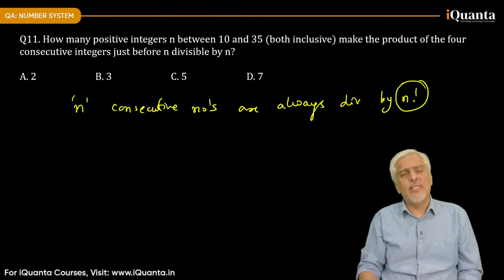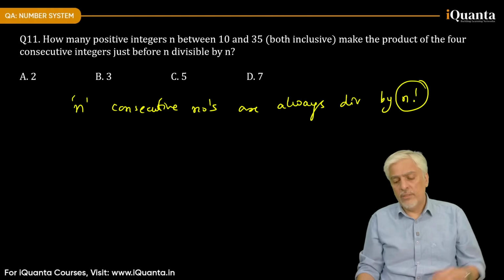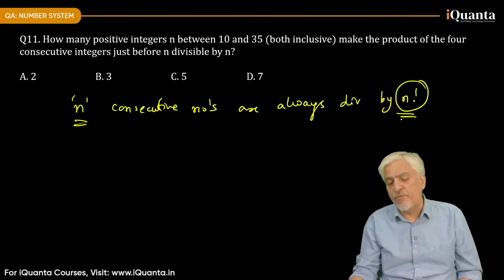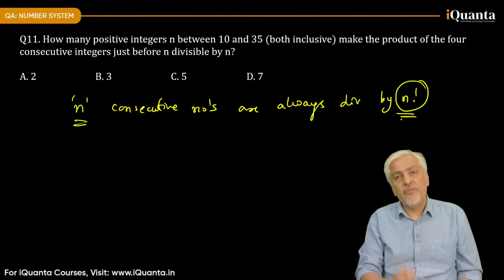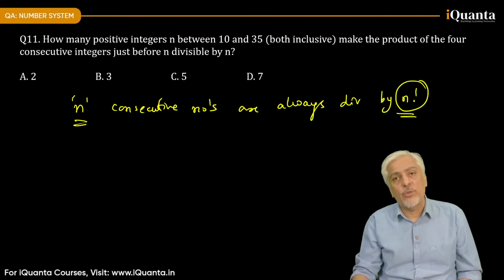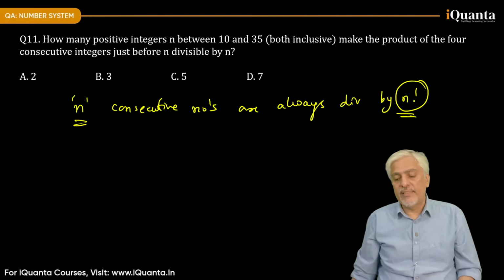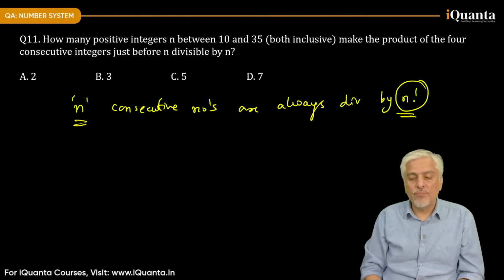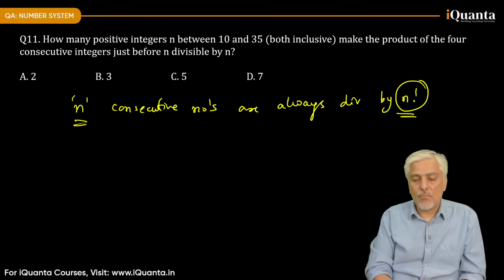A very good, simple rule. The topic is closed. 4 consecutive numbers are divisible by 4 factorial, 24. 5 consecutive numbers are divisible by 5 factorial, 120. Always. This will completely solve your problem. Is it clear? Come on, let's go ahead.